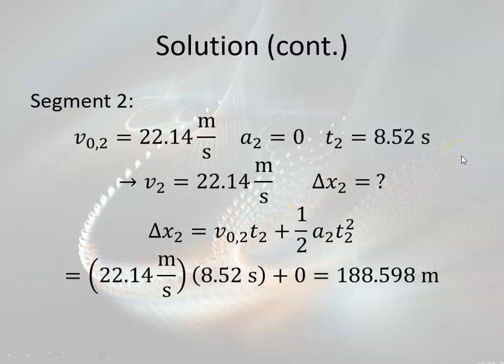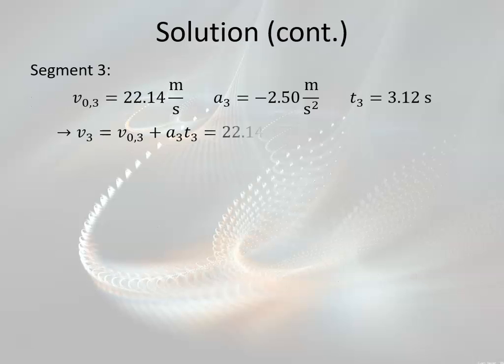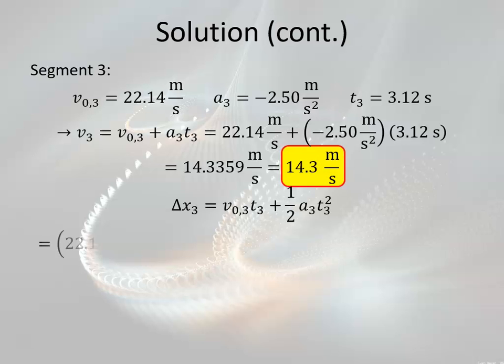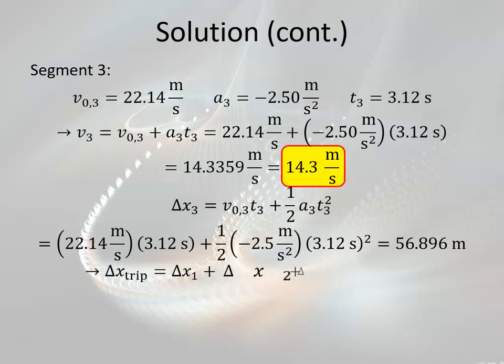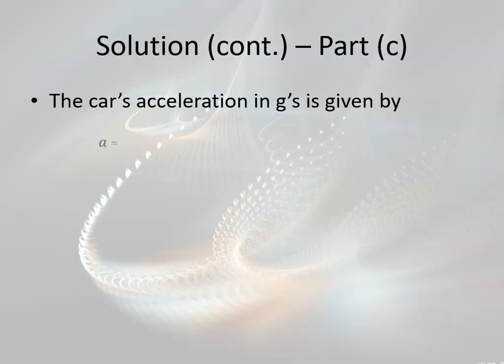Again, the final velocity of segment 2 is the initial velocity of segment 3. We figured out everything we can in segment 3, including final velocity and displacement, and then added together all the displacements to get the displacement for the whole trip. If we wanted to, we could have added up all the times for the 3 segments to get the travel time for the whole trip as well.